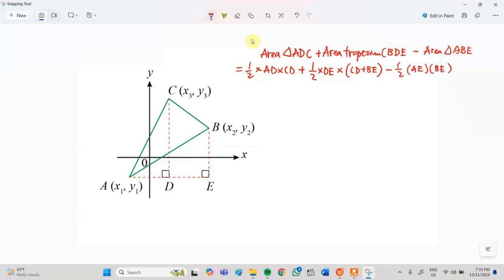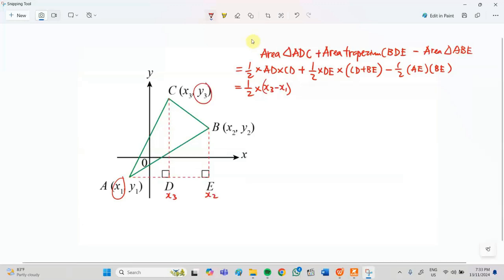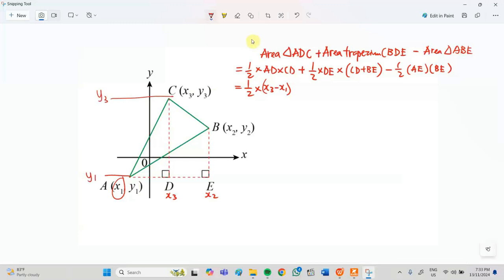Now we need to convert all of this into x1, y1, x2, y2, x3, y3. To find the length of AD, since it's a horizontal distance, we only look at the x values: this is x3, and this is x2. So AD is x3 minus x1. CD will be the vertical height, y3 minus y1.